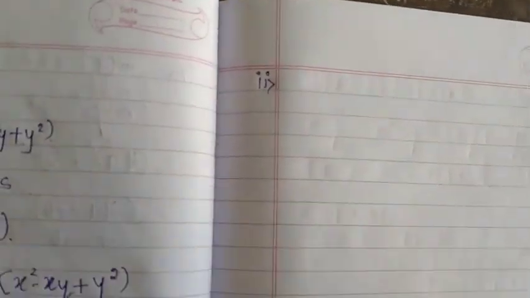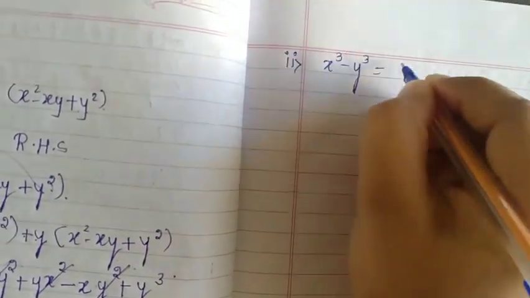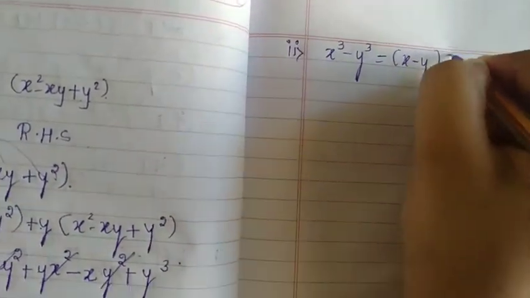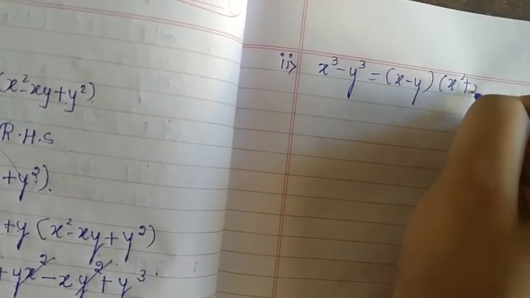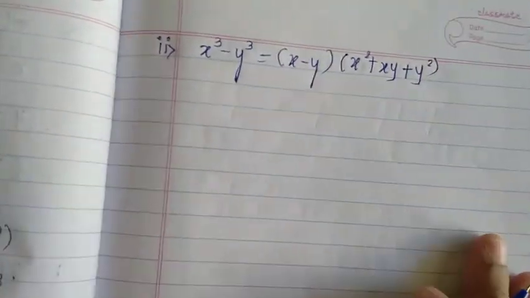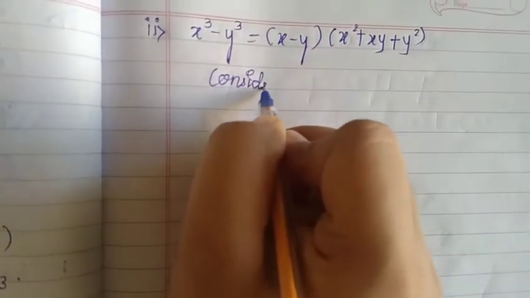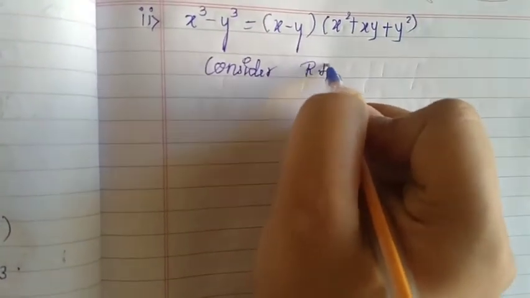x cube minus y cube is equal to (x minus y) into (x square plus xy plus y square). Okay, here also the same thing you have to do. Consider the right hand side of this question.